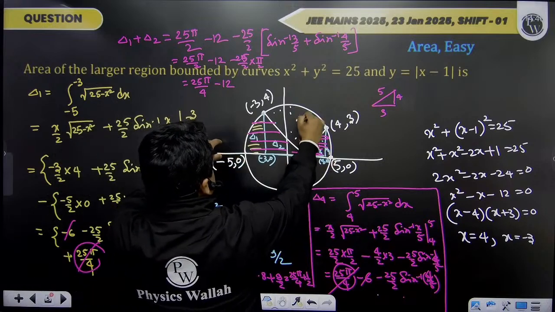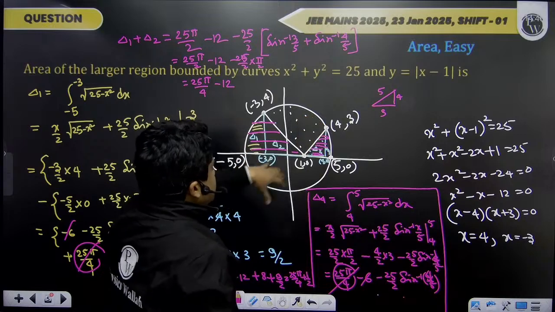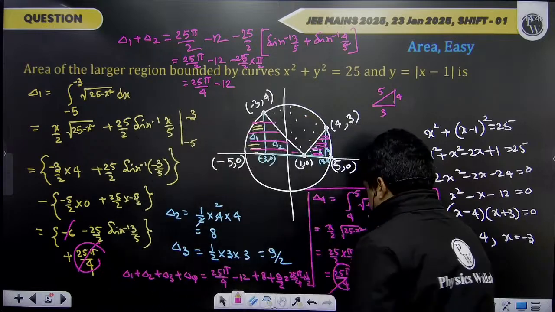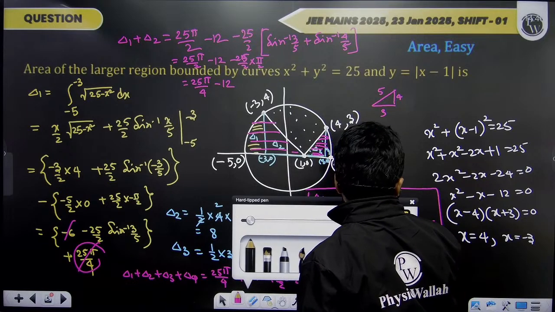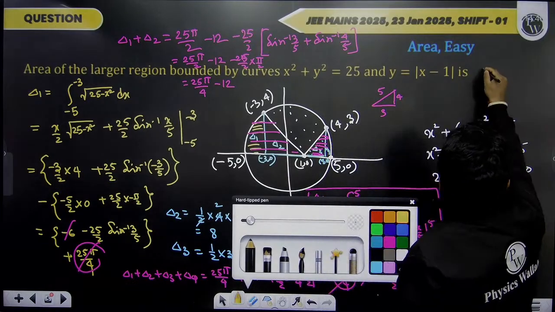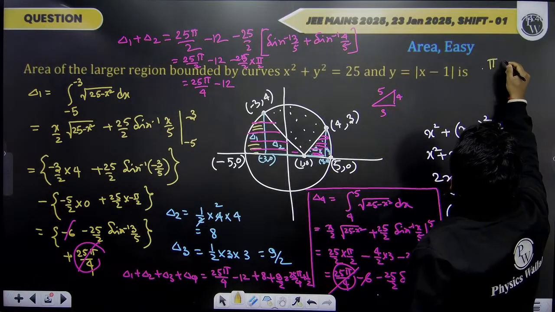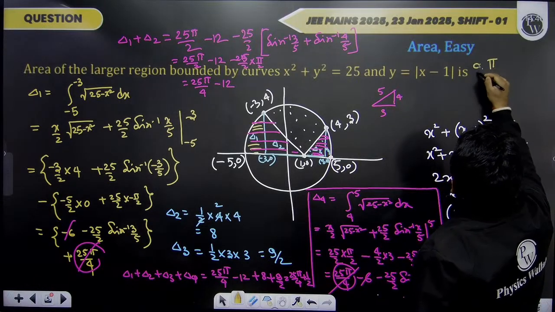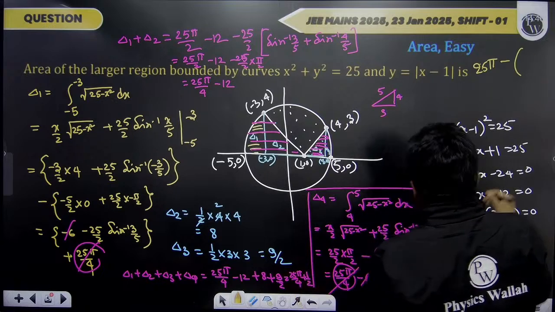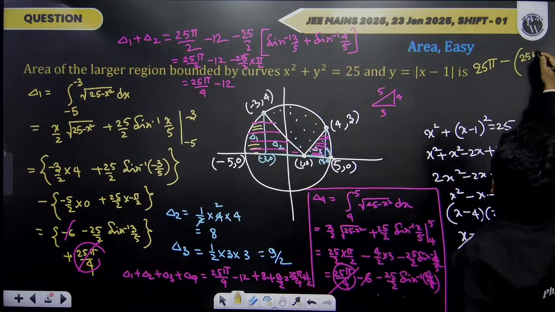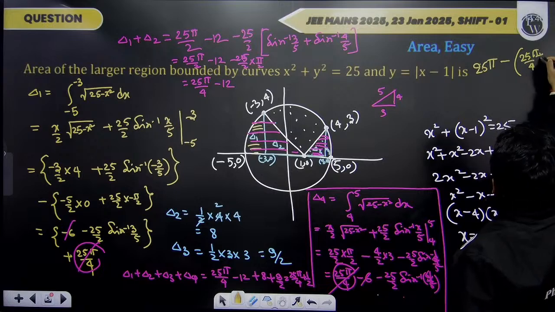So now my dotted portion, that area will be equal to what? Total circle area is what? The area of the circle will be pi r square. So pi r square means the area will be pi into r is 5, 25 pi minus the area of this portion is 25 pi by 4 plus 1 by 2.